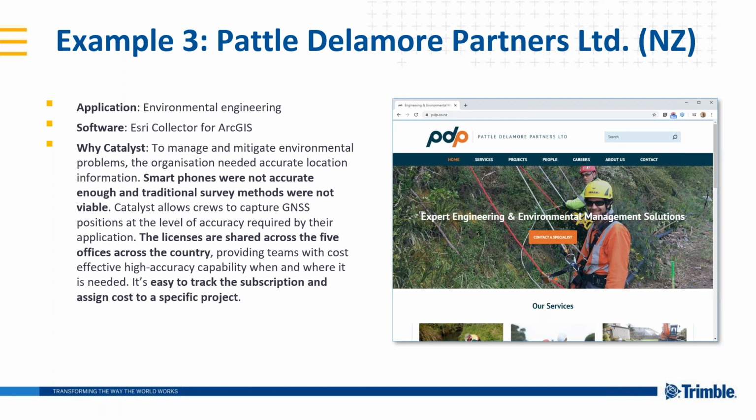So, you know, I mentioned before about the challenges of juggling some of the equipment across teams and especially across locations, such as would be the case in this instance. But they've equipped all offices with the antenna, and then they share the subscription across the offices. So their teams have the high accuracy capability when and where it is needed.